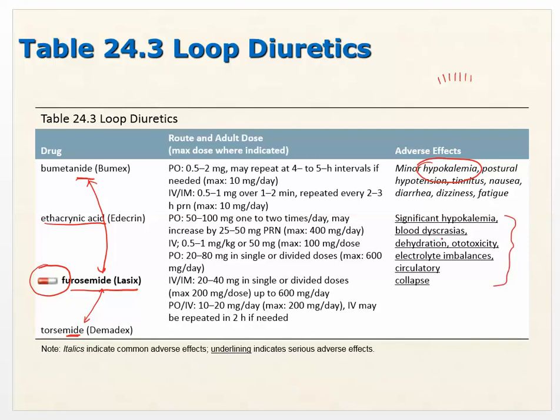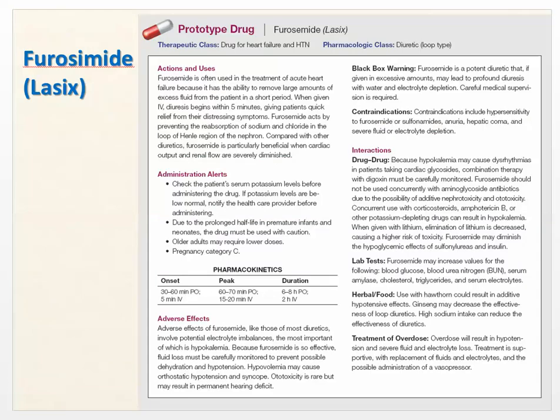And then more severe: significant hypokalemia, blood dyscrasia, which just means abnormalities building up in the blood. Dehydration, sure, you're getting rid of more water. If they're not replenishing that water, they're going to get dehydrated. Ototoxicity, so there's the ear thing again. Electrolyte imbalances. Circulatory collapse, because you've dropped the pressure too much, could also be a problem. Okay, so we're not going to go over this.